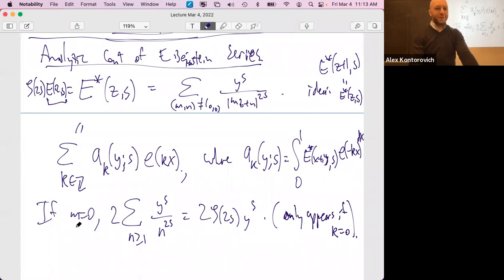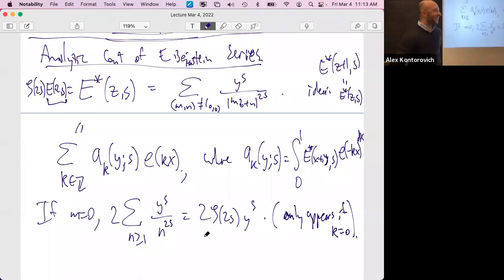When m equals 0, because we have no exponential, it has no choice but to contribute to a0. There's no x. If m is 0, then the x dies, and anything that doesn't depend on x just gets integrated out to 0 unless k is itself 0. Okay.